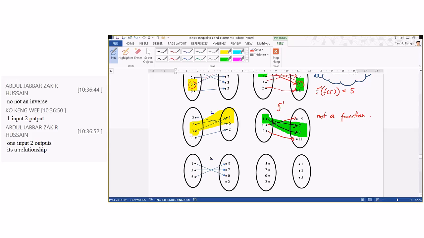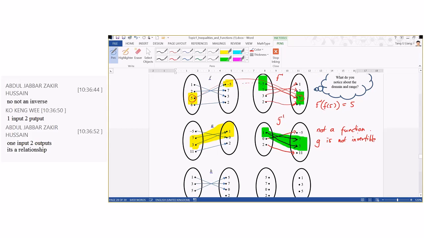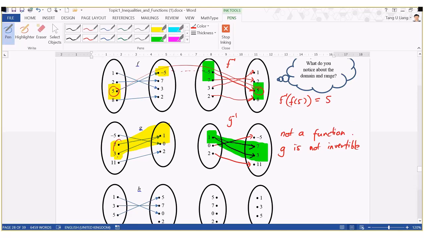Okay. And if we compare this with F, what are the differences between F and G? You notice that in G you have 2 inputs that map to the same output, whereas in F every input has its own output. Let me just write like this.